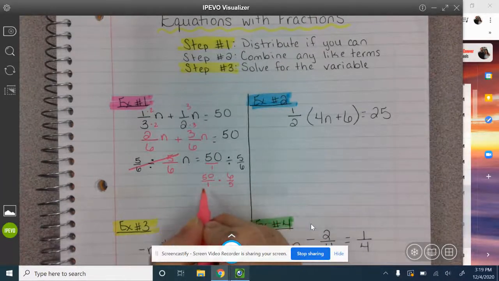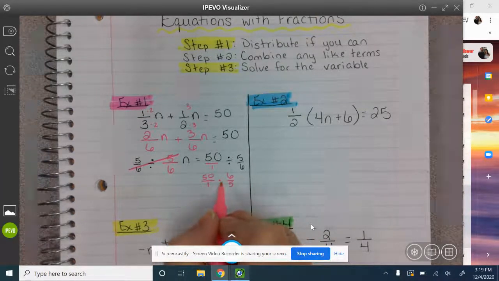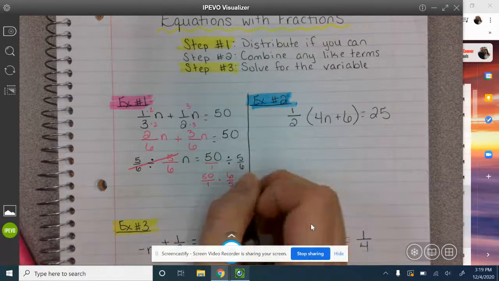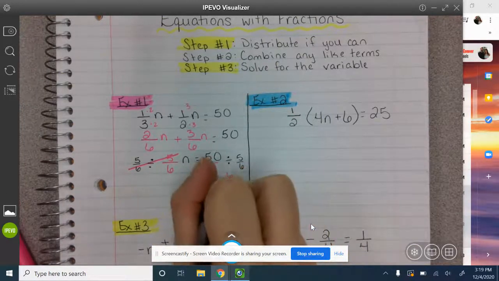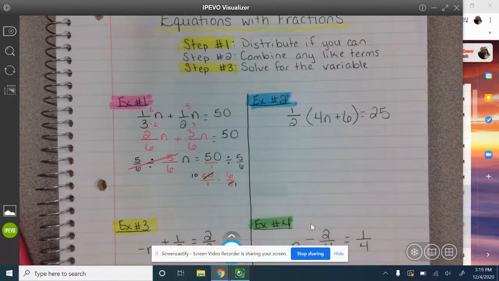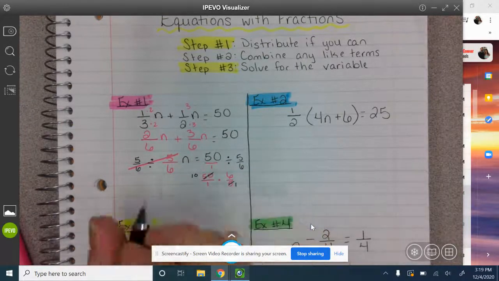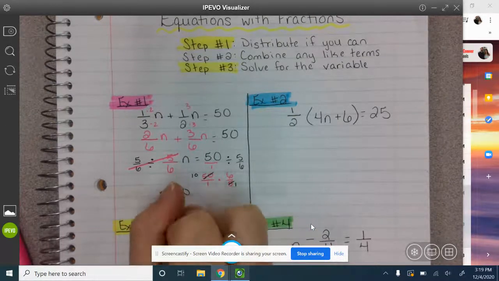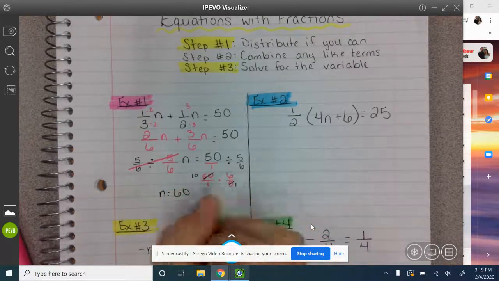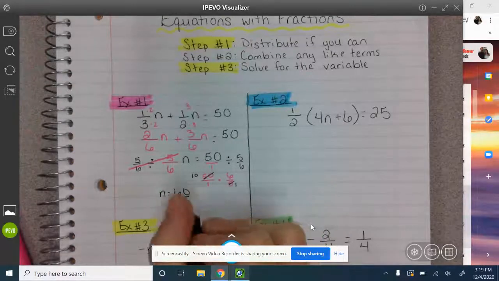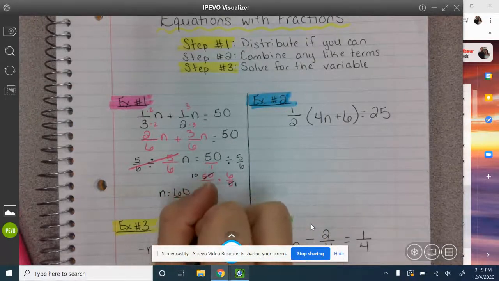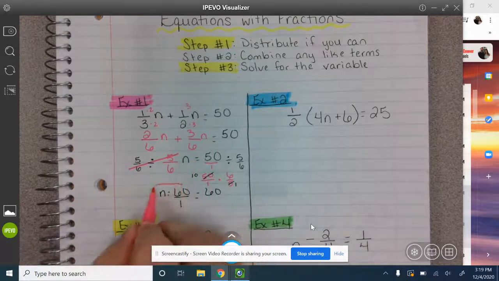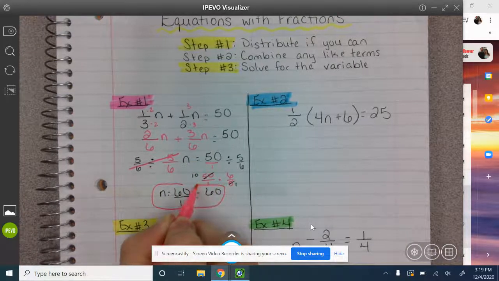Nothing goes into 1 and 6, so those are going to stay the same. With 5 and 50, 5 goes into both of those. So 5 goes into 5 one time, 5 goes into 50 10 times. So 10 times 6 is going to give me 60. And then 1 times 1 is going to give me 1. So I get 60 over 1, which is the same as just writing 60. So n equals 60.